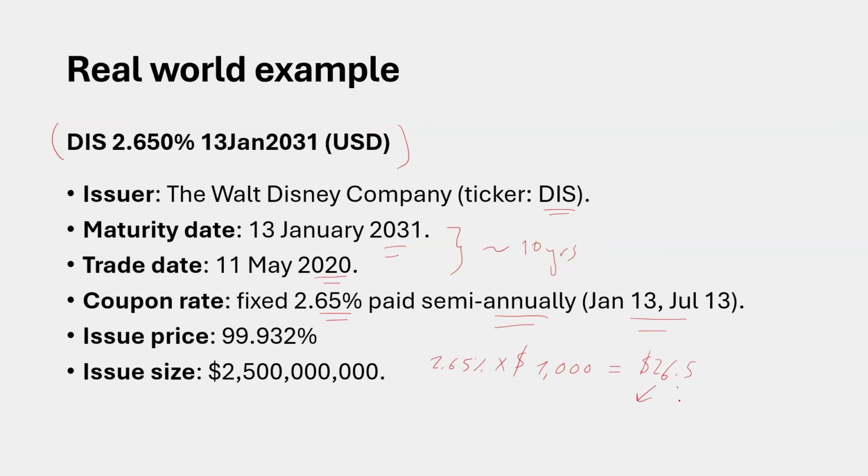So that is going to be split into two coupon payments of $13.25. And as you can see, this is not issued exactly at par, but quite close to par. It is issued at a slight discount, and the issue size was $2.5 billion. So basically, Walt Disney raised $2.5 billion by selling this bond to the public.